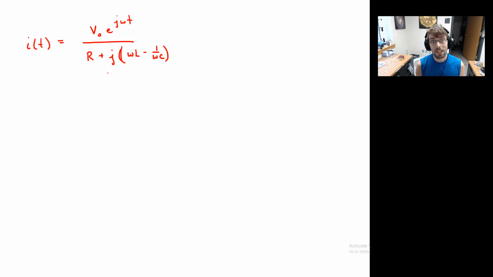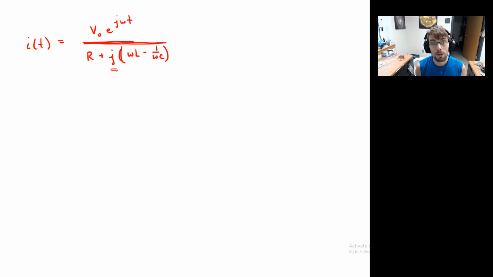And now I want to, personal preference, in order for us to be able to separate out the real component from the imaginary component, we need to get the imaginary component out of the denominator. So how are we going to do that?